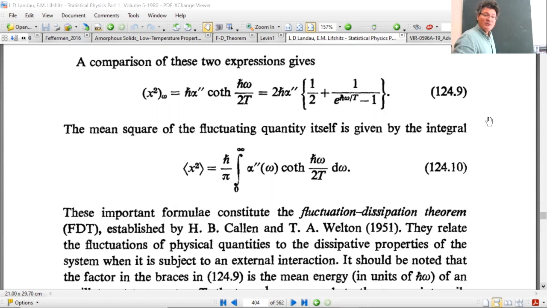In our notation, S_x(omega), the power spectral density of the variable x whose thermal noise we want to know, is 2 h bar alpha second, which multiplies 1 over e to the h bar omega divided by k_B T, plus 1.